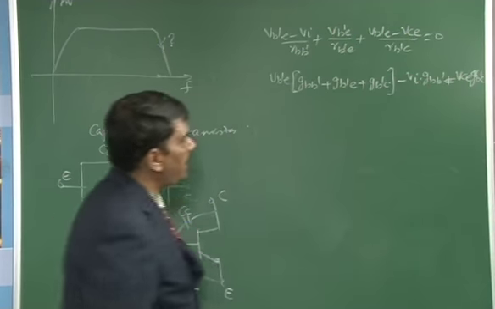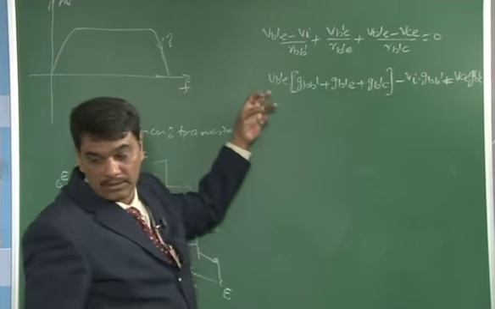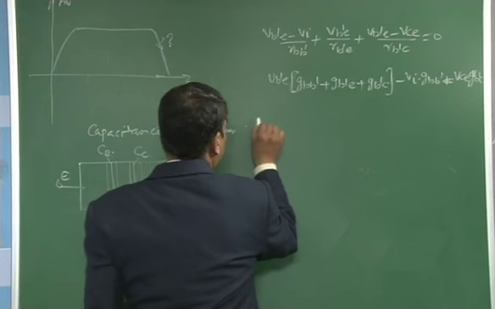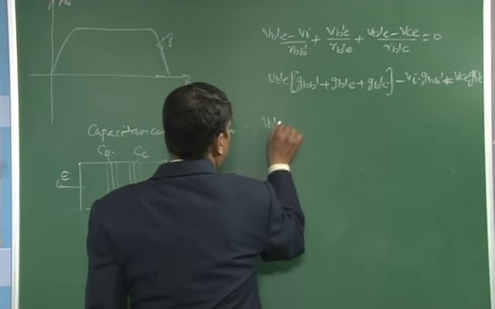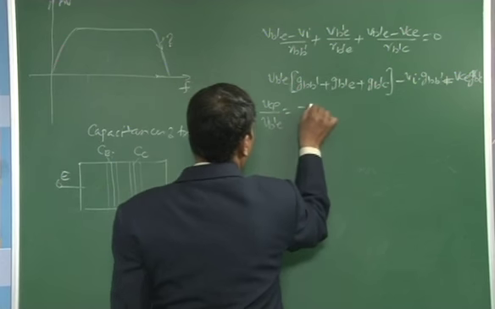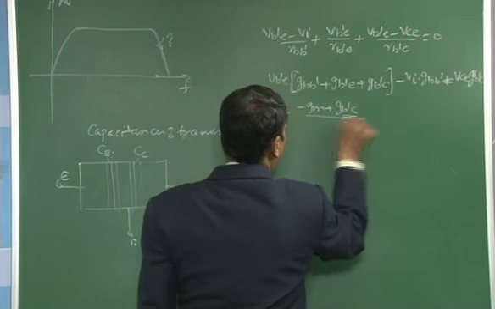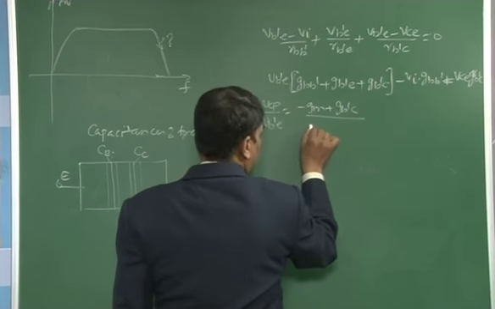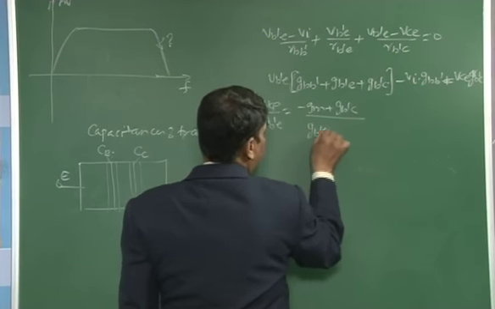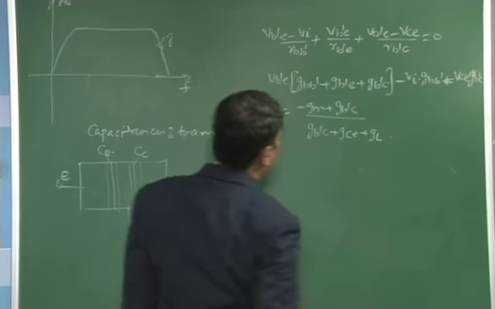From the value of K, if you substitute VB dash E, from that previous case, VB dash E by VCE is equal to K, which is given by minus GM plus GB dash C divided by GB dash C plus GCE plus GL, where these are the conductances.